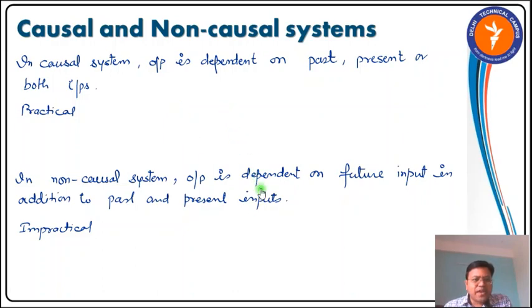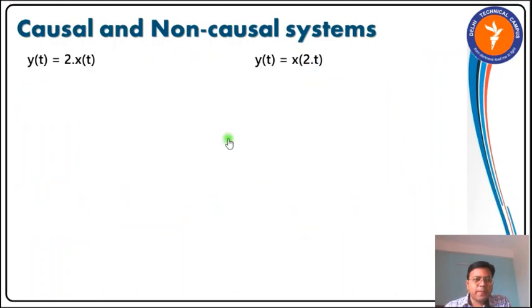Let us discuss some numericals based on the causal and non-causal systems. We have this example y(t) equal to 2x(t), and we have to predict whether this will be a causal system or a non-causal system. As we already know that a causal system depends upon past and present, we will see how the output is depending on the input. I will consider, say, time t equal to 0.